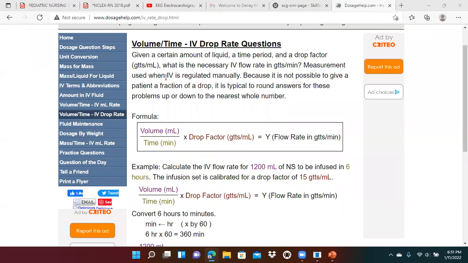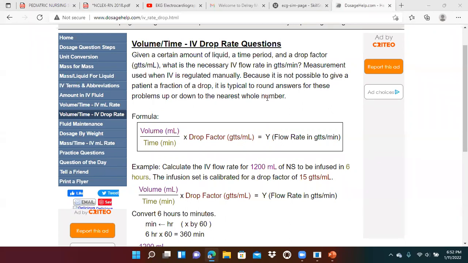It is a measurement used when the IV is regulated manually, because it is not possible to give a patient a fraction of a drop. It is usual to round the number for this problem up or down to the nearest whole number.